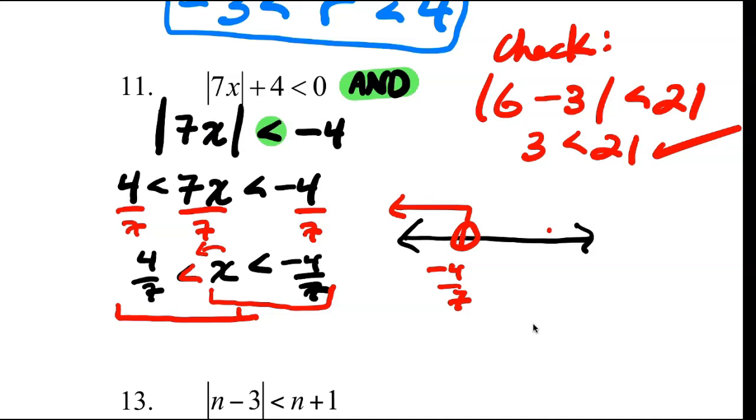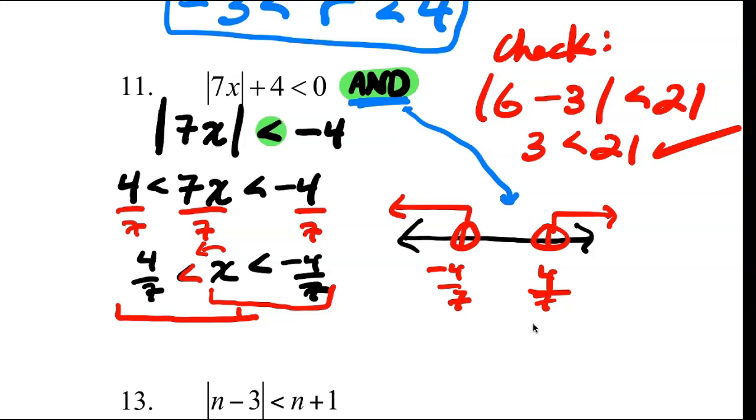So here's 4/7, and we want greater than. Does that graph look okay to you? Well, it doesn't look okay to me because it's supposed to be an AND, which is the intersection. So what number is in the overlap of these two arrows? Well, no number. So what's going on here?